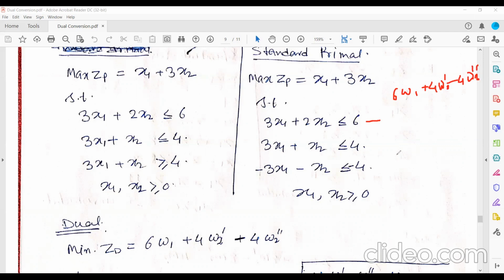So if equality is there, and you have converted the equality into a standard primal, then for the equality part, it is 4W2 dash minus 4W2 double dash. Then you need to write the constant in the same way. So for this, 3W1. Now see, these two equations you have got from the second equation, that means W2.